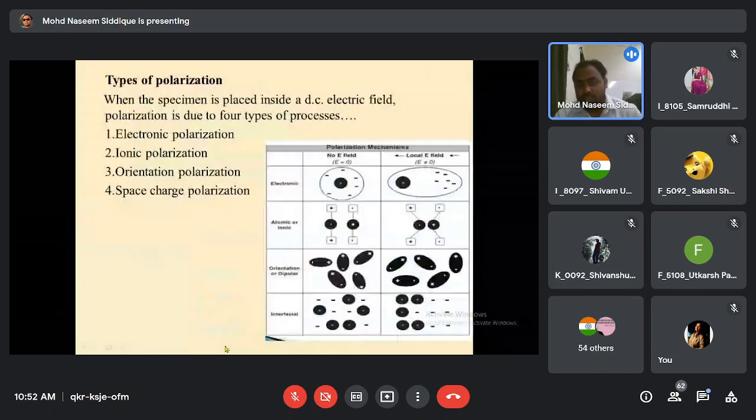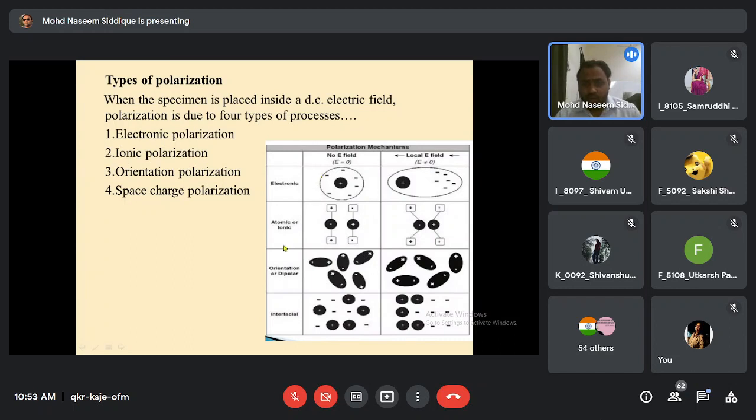So what are the types of polarization? There are 4 main types of polarization phenomena: electronic polarization, ionic polarization, orientational polarization, and space charge polarization. As you can see one by one: electronic, ionic, orientational, interfacial. You can see electronic polarization in atoms, especially inert atoms, monatomic gases, inert gases.